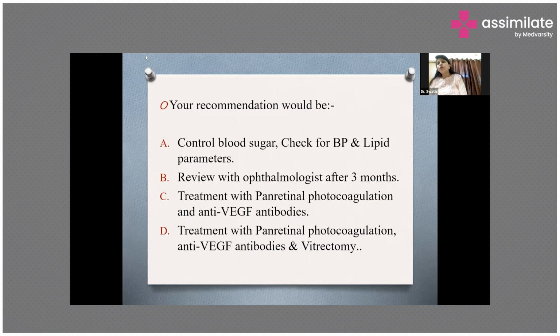But you have to keep the patient on follow-up. If the patient comes once again, which is a very rare chance, the patient might progress into the vitreous hemorrhage stage, in which we have no other option than to do vitrectomy, or removal of the vitreous humor. So this is the last line of management where, along with the pan-retinal photocoagulation, I would like to add the vitrectomy.